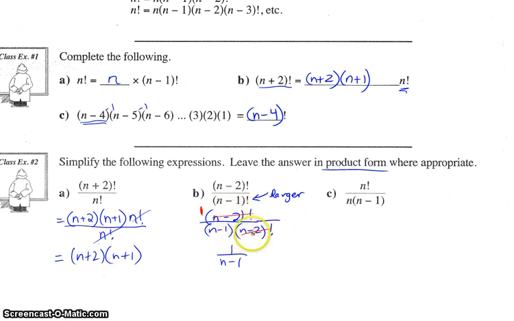We've hit the one that's on top, so we stop there, throw our factorial on, now we cancel off both of those factors. Now, the answer would not just be n minus 1, because when you divided n minus 2 factorial by n minus 2 factorial, it actually left a 1 behind on top, so we have 1 over n minus 1. All right, next one.